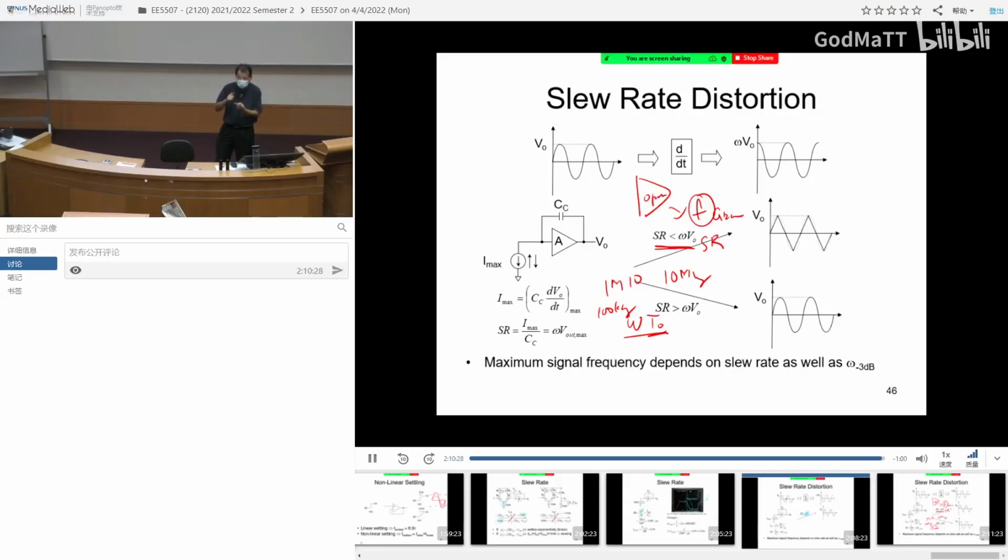And then you pick the smaller one. The smaller one is going to be the bottleneck. Okay? If you can meet the slew rate, then closed loop bandwidth is going to be the bottleneck. But if you cannot meet the slew rate, the slew rate is going to be the bottleneck.